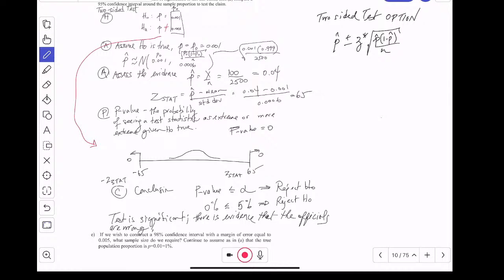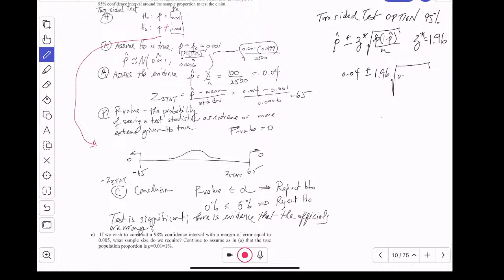And then what we're going to do, well, let's build it and then we'll talk about it. So it will be 0.04 plus or minus 1.96. Remember, for 95% confidence, we already learned that Z star is 1.96. So I'm going to use that result. Do I have that number already?